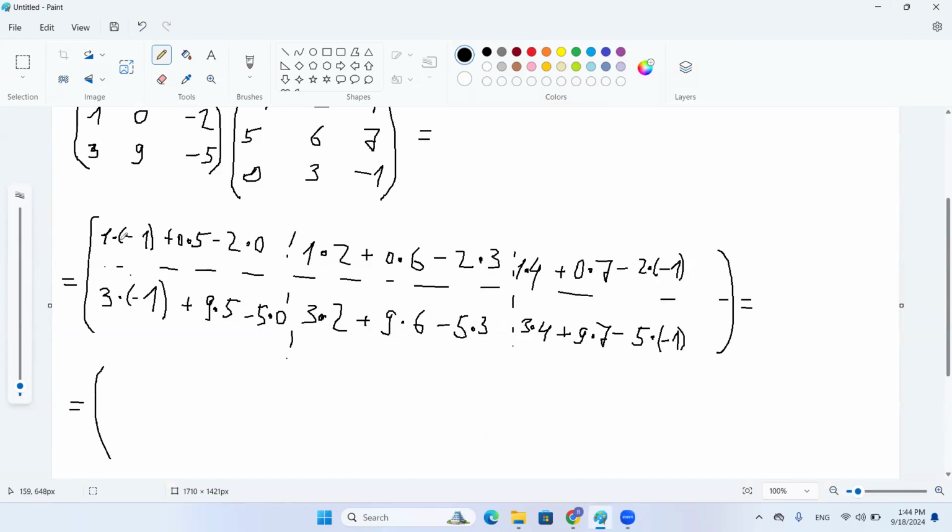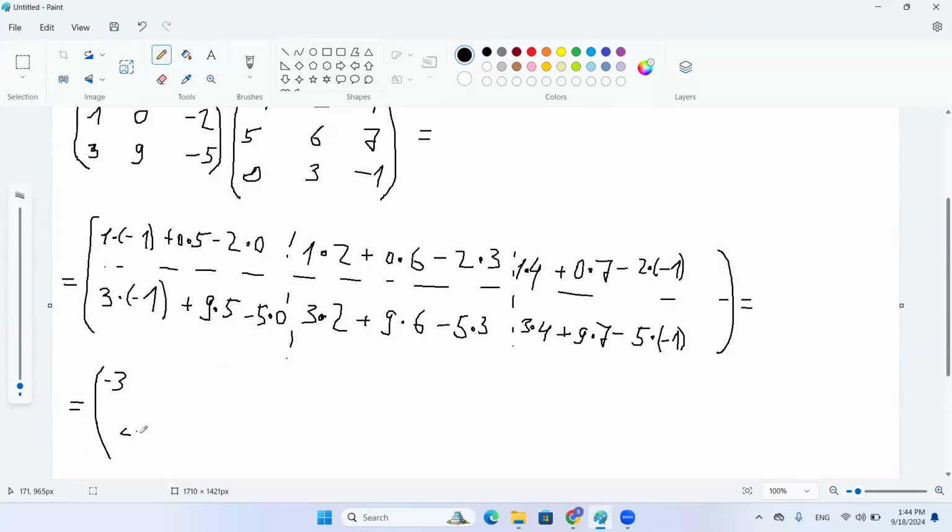Okay, so minus 1 minus 2 is minus 3. But I would be grateful if you help me as well. I can help. Yeah, it would be nice. So what do we have here? The second row, minus 3 plus 40 and 45.